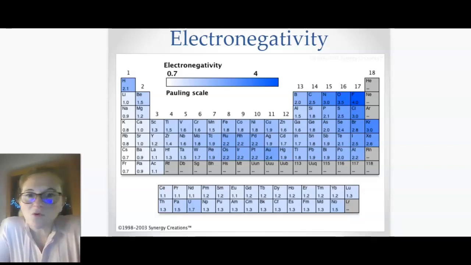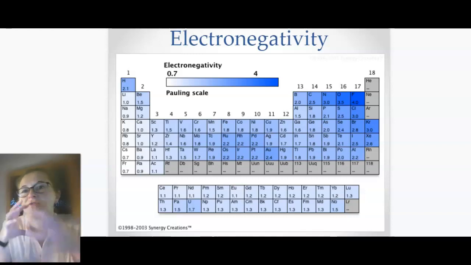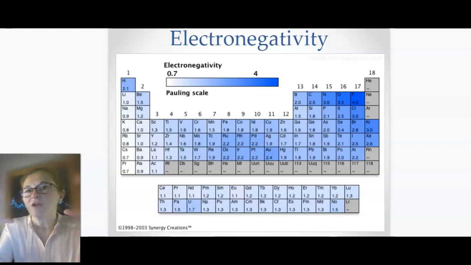Remember, we're not memorizing these numbers, even though the numbers are there to give us some context. We're really looking at those trends and understanding why they're electronegative, because they have fewer energy layers there with the electrons, so they're smaller.